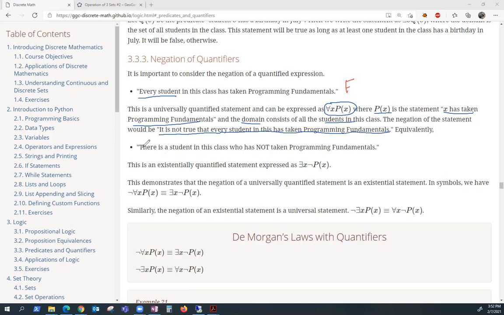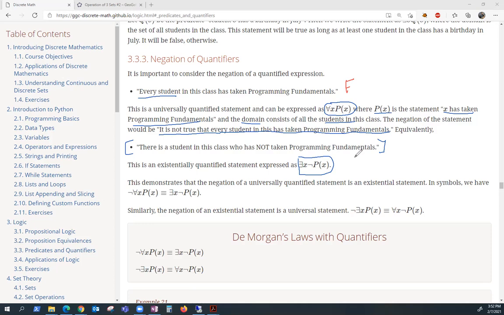An equivalent way to write that is this: there is a student in the class that has not taken programming fundamentals, which gives us this existentially quantified statement or proposition.